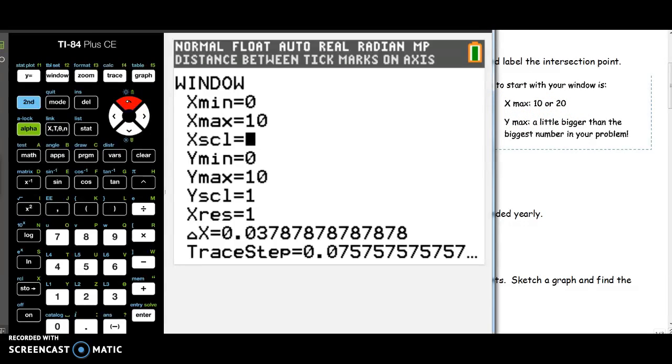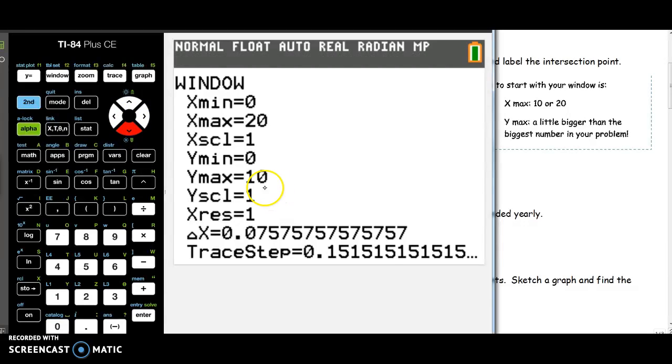I like to leave it a little bit higher, so I'm going to put this to 20. And then our y max, which is how far we're going to go up on the screen, needs to be just a little bigger than the biggest number in your problem. So in this case, the biggest number in our problem is 2,000. So we're going to do 2,100. And again, you can pick any number you want as long as it's bigger than 2,000.